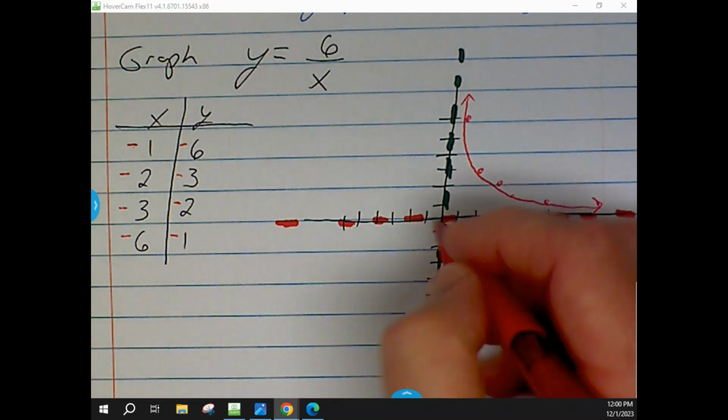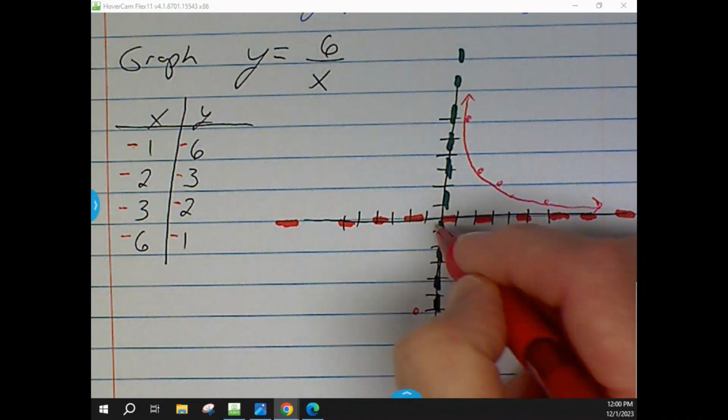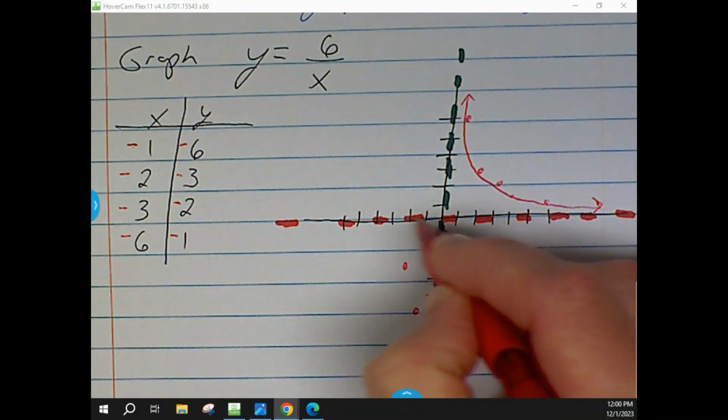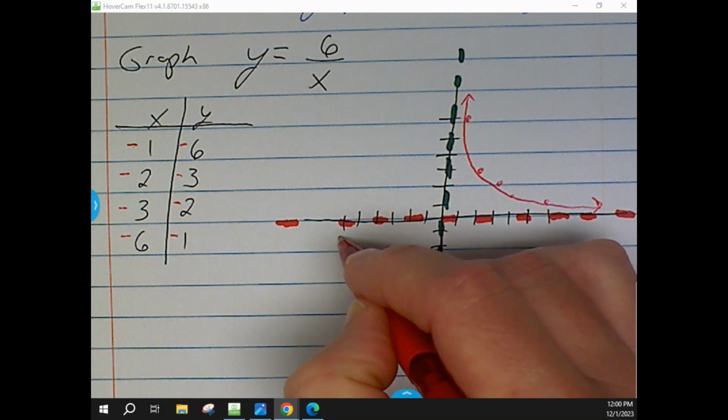So now if we go to negative 1, negative 6, that puts us down here. Go to negative 2, negative 3, that would put us here. Negative 3, negative 2 would put us here. Negative 6, negative 1 would put us right there.